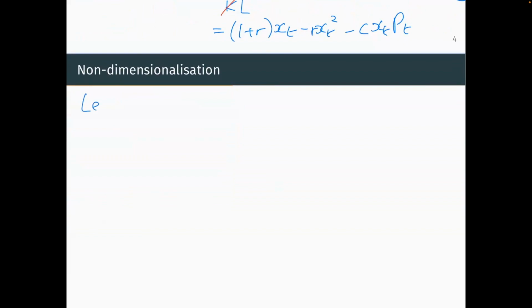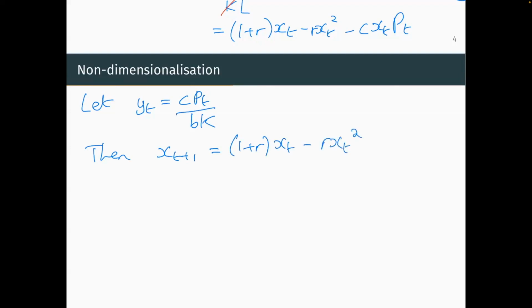So if we let yt, this is going to be our rescaled predator population, equal cpt over bk. Then in that case, if we go back to our xt plus 1 equation, we're going to have 1 plus r times xt minus rxt squared. So that hasn't changed.